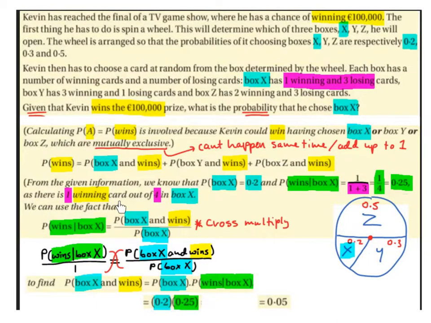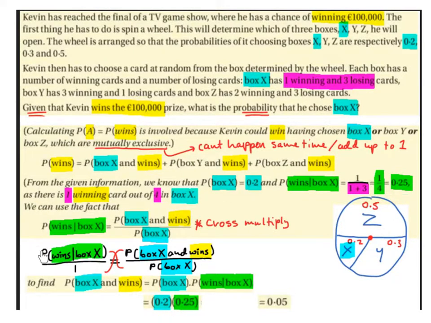We can use the fact that the probability of wins given box X is equal to the probability of box X and wins, which is the intersection, divided by the probability of box X. So we're going to put this over 1 and cross multiply.